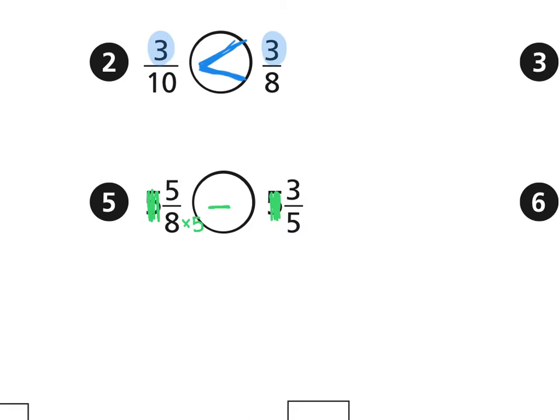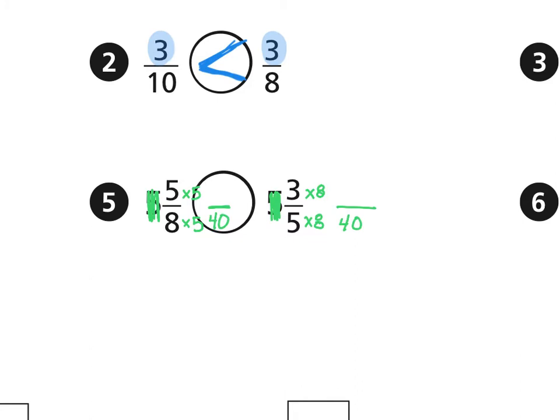So you do 8 times 5 on that one, and the other one you do 5 times 8. Yes. And you do the same thing on the top. Exactly. So 8 times 5 is 40. 5 times 8 is 40.